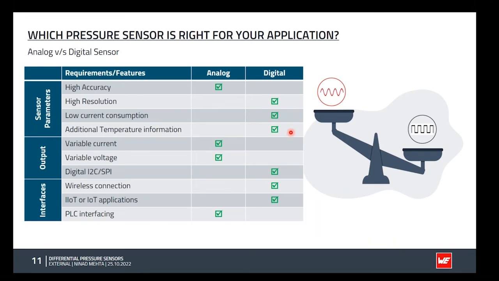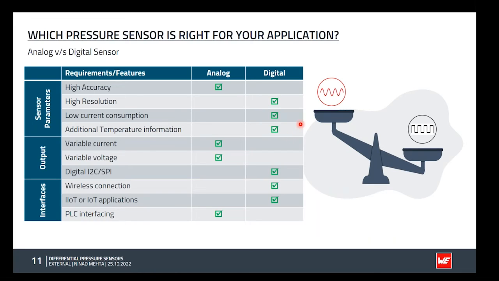Also, digital sensors usually have temperature sensors on chip, so you can also get some temperature data. So at the end, you might get one less material on your BOM list and use the temperature information from the digital sensor itself.